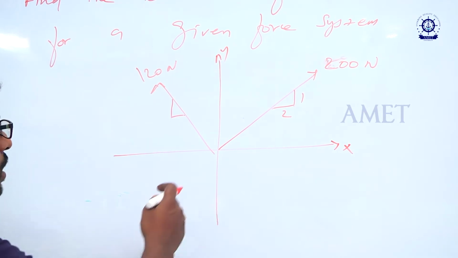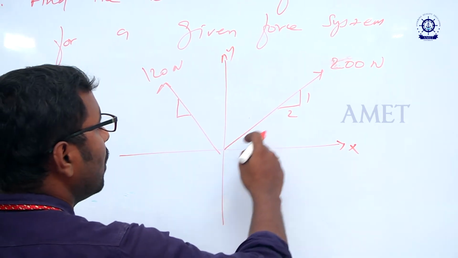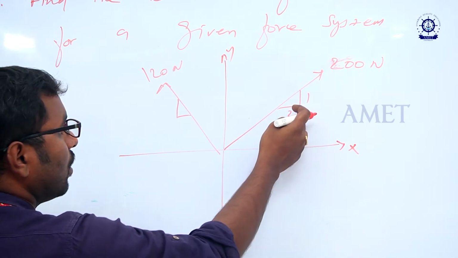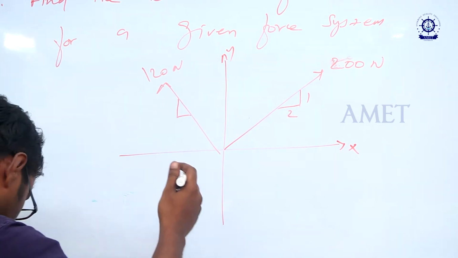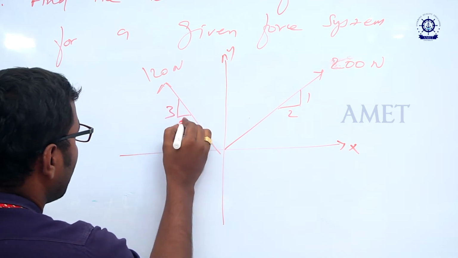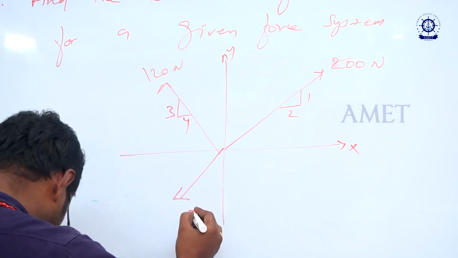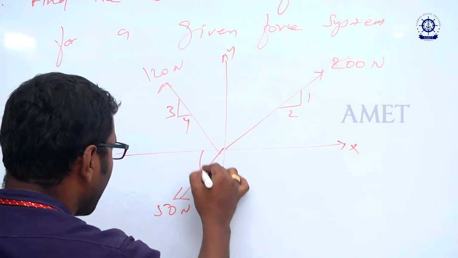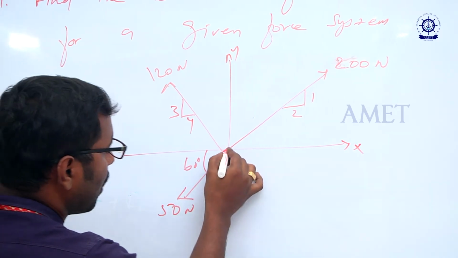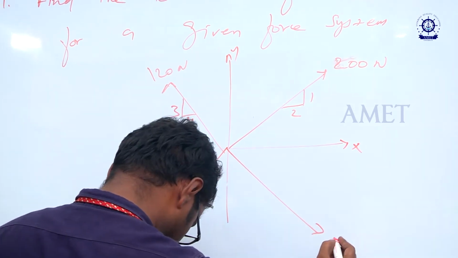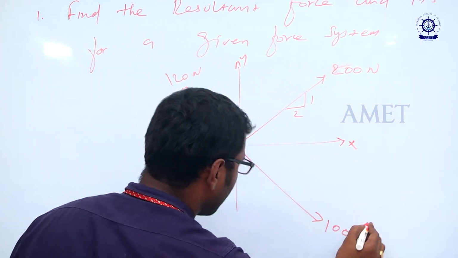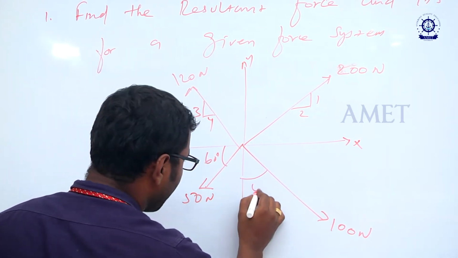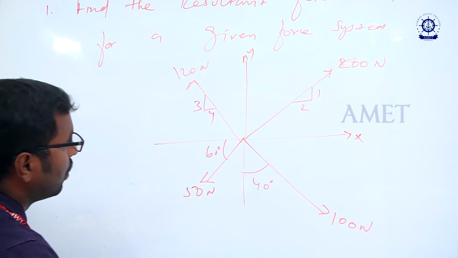The given force system is: first force acting in the first quadrant, that value is 200 Newton and the slope is 1 into 2. Here, 3 into 4 and this force is 120 Newton. This force is 50 Newton, angle is 60 degree, and here 100 Newton. The angle between the y axis and this force is 40 degree.